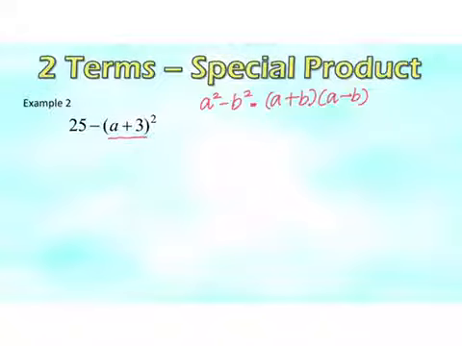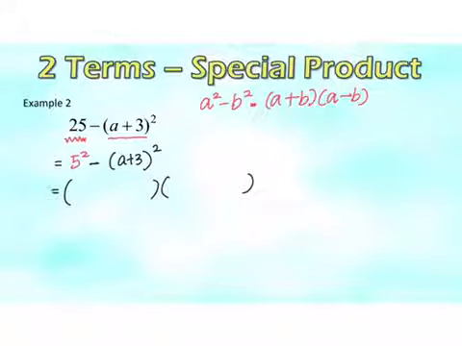So let's try to observe our terms, the pattern. This is 25. 25 can be written as 5 square. And this is a minus sign, so we can use our special product. And we'll keep the a plus 3 whole thing square. Now, if I do my factorization according to my special product, I have two factors, two signs, one plus, the other one minus.